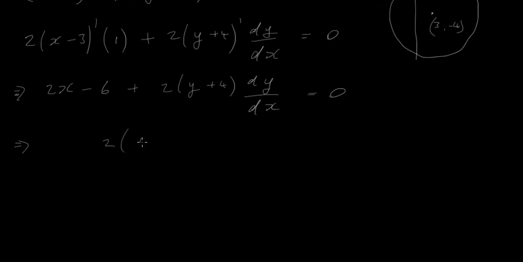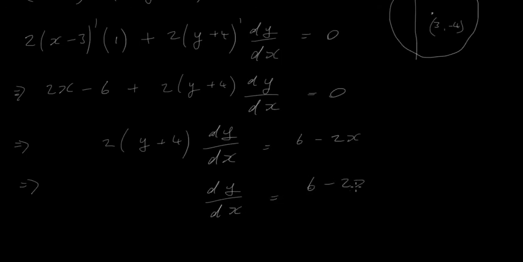So we end up with 2 times (y plus 4) dy/dx is equal to, bring the 6 over, that becomes 6. Bring the 2x over, that becomes minus 2x. And that's it. So we divide both sides by this bit here. We end up with dy/dx is equal to (6 minus 2x) all over 2 times (y plus 4).